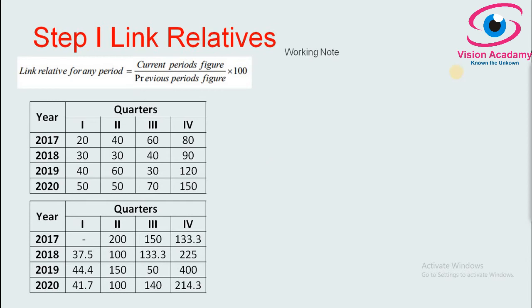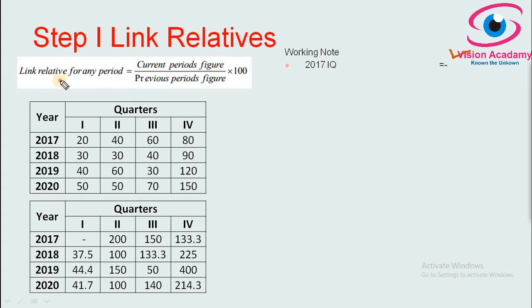First quarter of 2017, second quarter of 2017, third quarter, fourth quarter, and first quarter of 2018 and so on. For each and every data point, let us find the link relatives first. For 2017 first quarter I have not taken anything, because I cannot apply the formula.